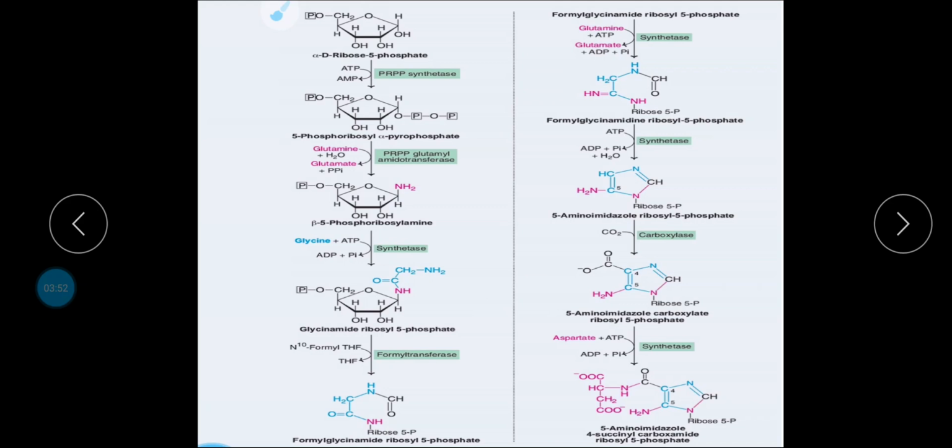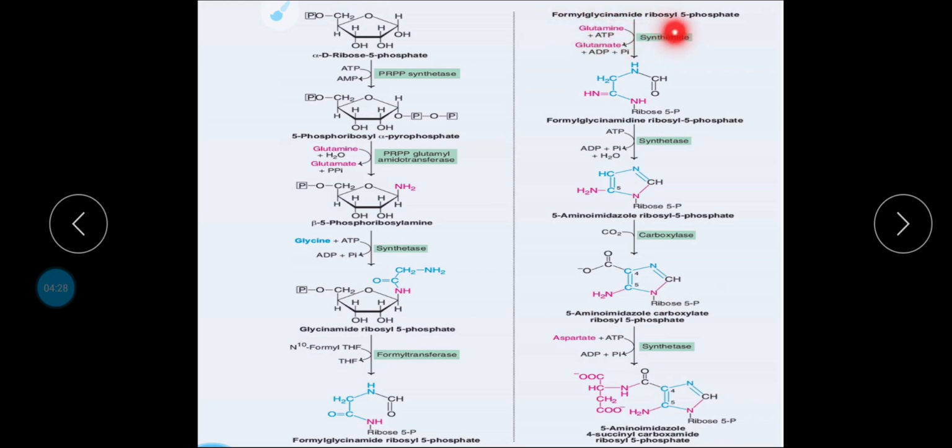Now in the next step, a formyl group is attached to the amino group of the glycine which is previously attached, and this formyl group comes from N10-formyl tetrahydrofolate which gets converted to tetrahydrofolate and donates its formyl group to this glycine. So the product formed here is formyl glycinamide ribosyl 5-phosphate.